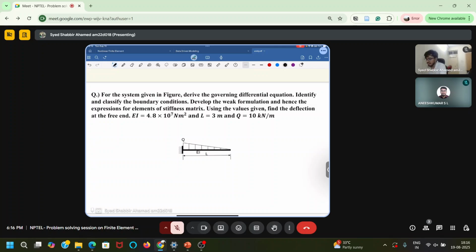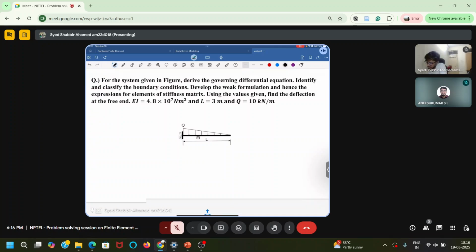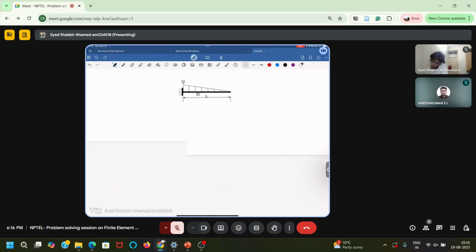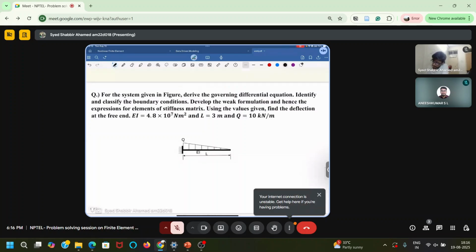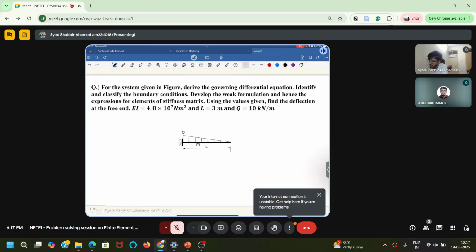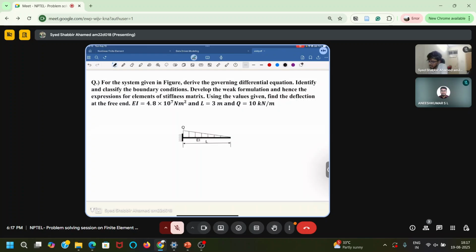So first thing I want to do is take this beam system and derive a governing differential equation or the equation of motion of the beam. So we will use the variational method.